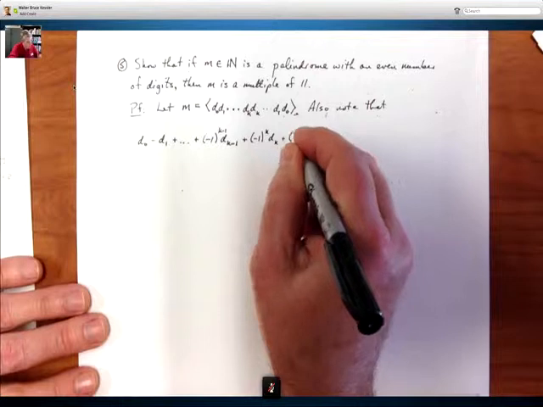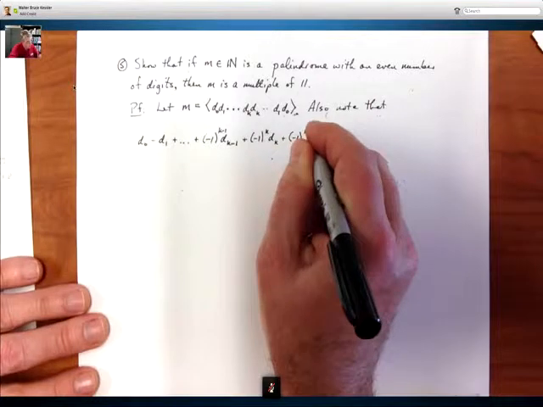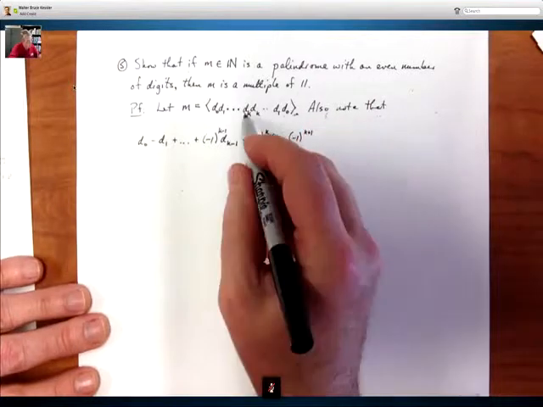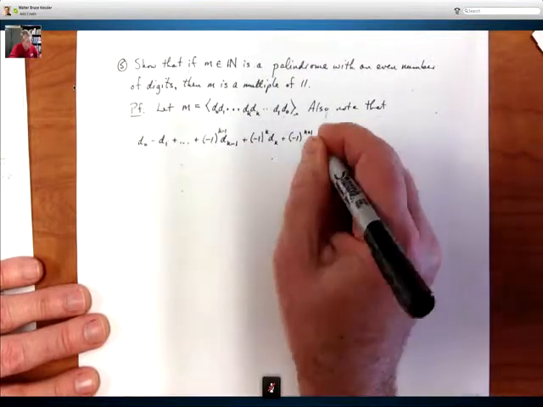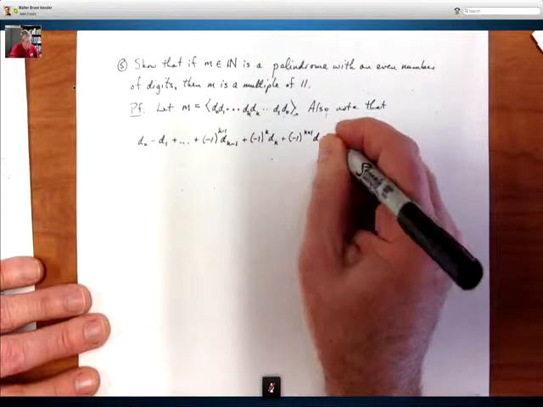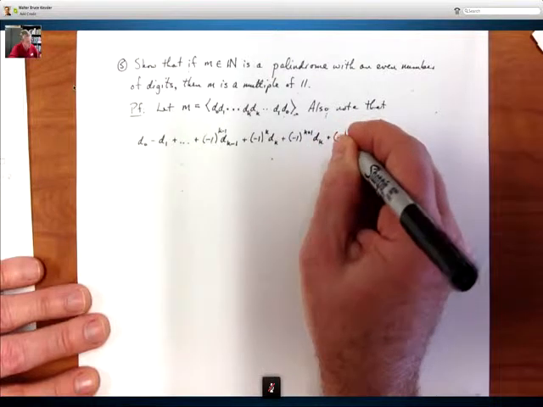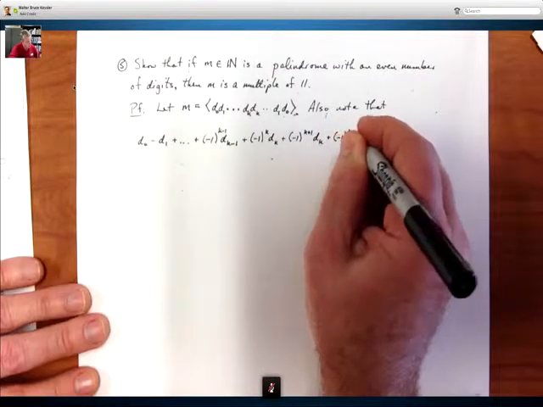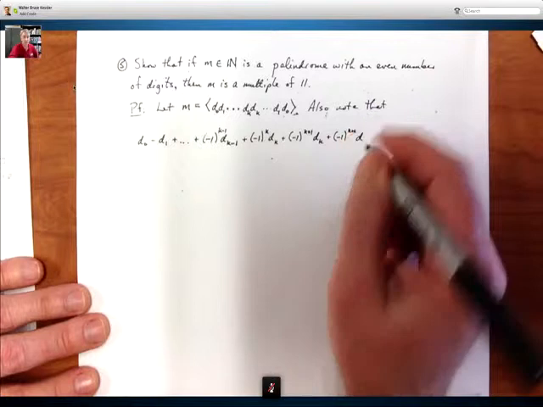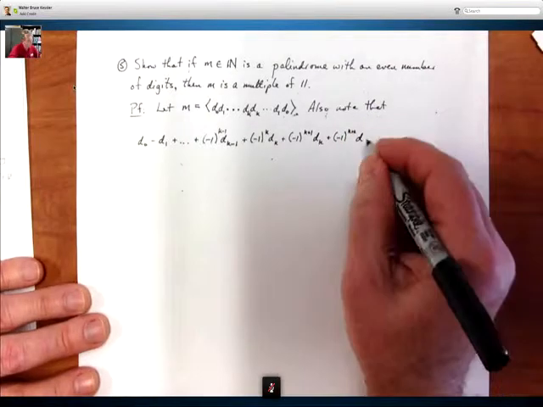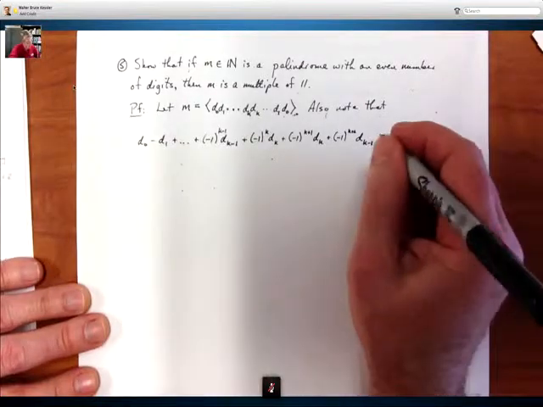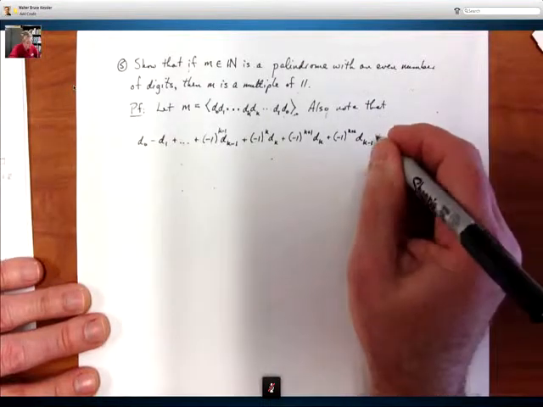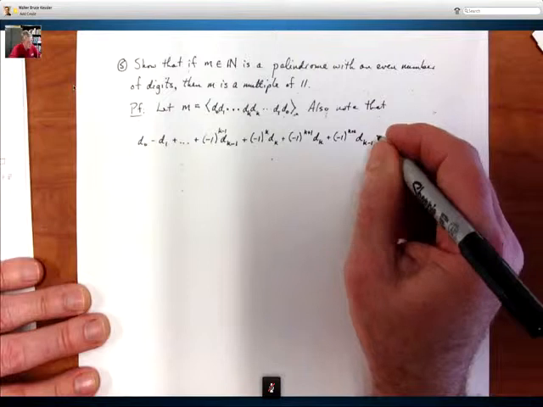All right. And then plus -1 to the k plus 1. But now we're getting to the k plus 1 position, which is actually d sub k. Has that digit in it, right? Plus -1 to k plus 2. But now this is d sub k minus 1, right? Okay. On and on and on.